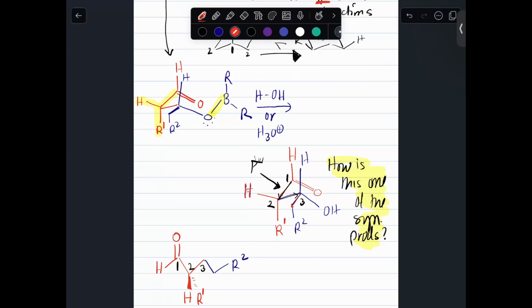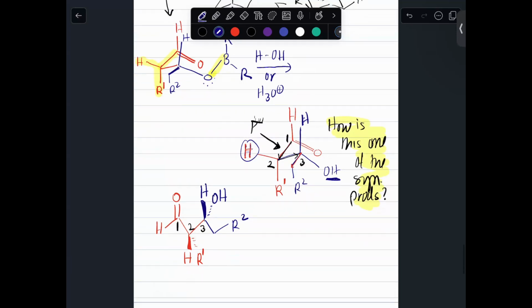I'll go on to carbon 3, which is facing up. Notice that the hydrogen is also on the same face as the hydrogen at carbon 2 that's coming out towards me, which means that it is also wedged. Notice that the alcohol group is away from me, so it must be dashed.